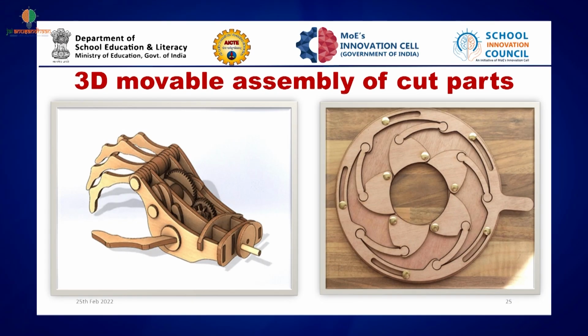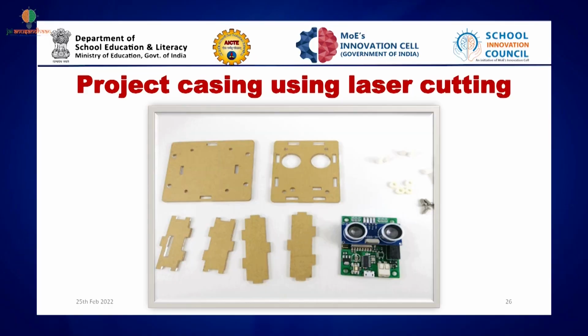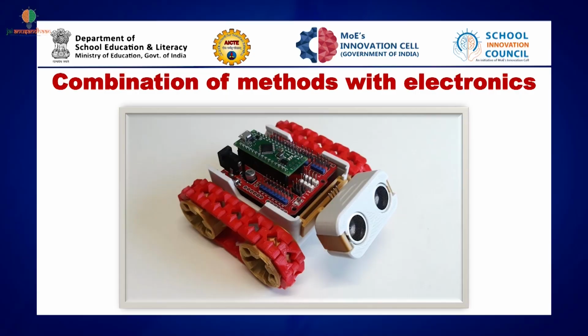You can also create movable assembly of flat parts, and these are some of the examples of them. You can also create casing of electronic based project ideas. So for example, if there is a chip and there is a sensor which you need to encase, you can create the walls, etc., and then you can assemble it.